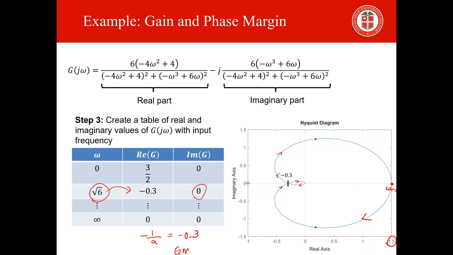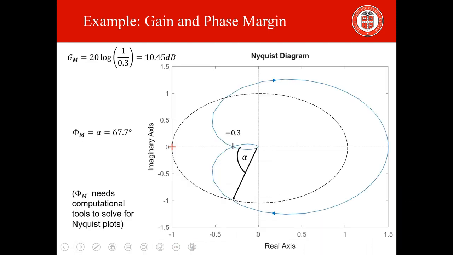So we had this equation where the gain margin for a Nyquist diagram was 20 times log base 10 of A. So we could actually solve for the gain margin knowing this intersection point on the real axis. Okay, that's what we're going to do on the very next slide, I believe.